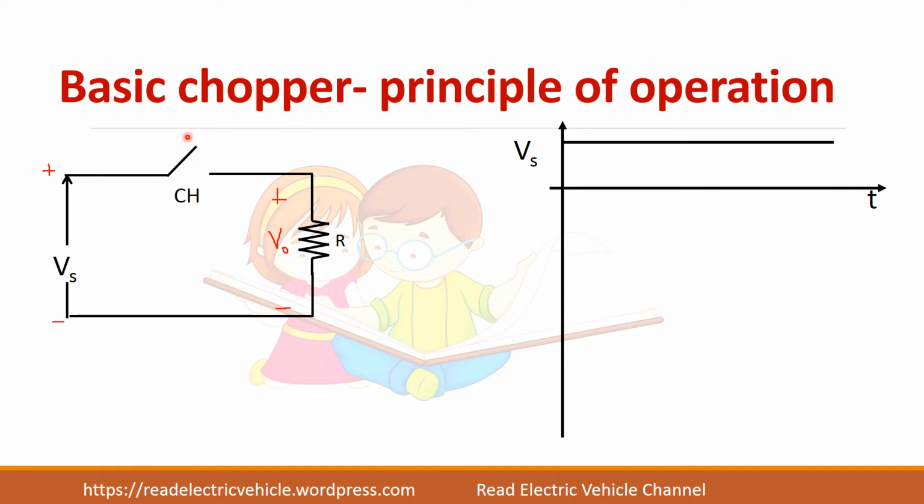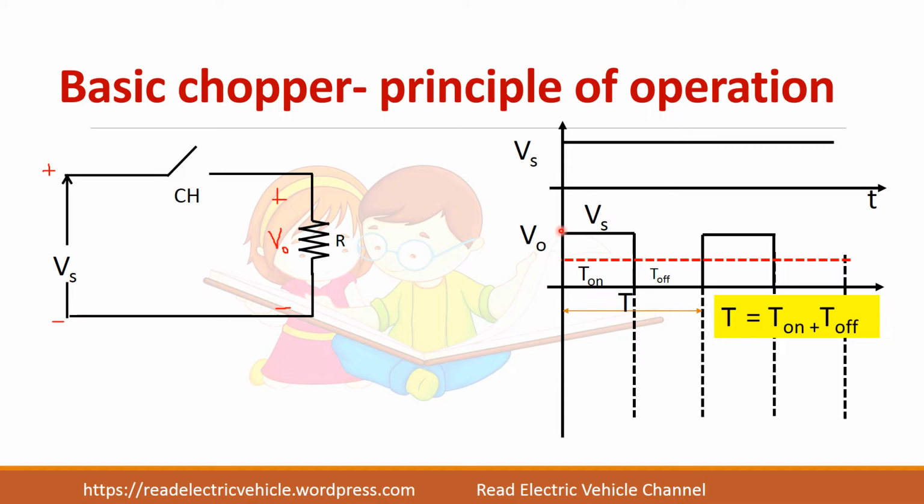Let us see the basic chopper operation. This is the DC supply available, and this is the load. For instance, let us take a resistive load R, and you connect a switch in between. Let us also draw the waveform. The input supply is a fixed supply Vs. When I switch on this device, the supply voltage appears across the load, and when you switch off the device, the output will be 0.